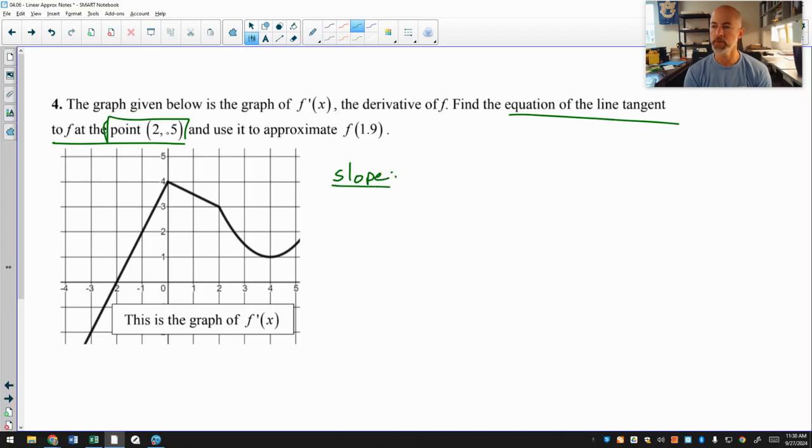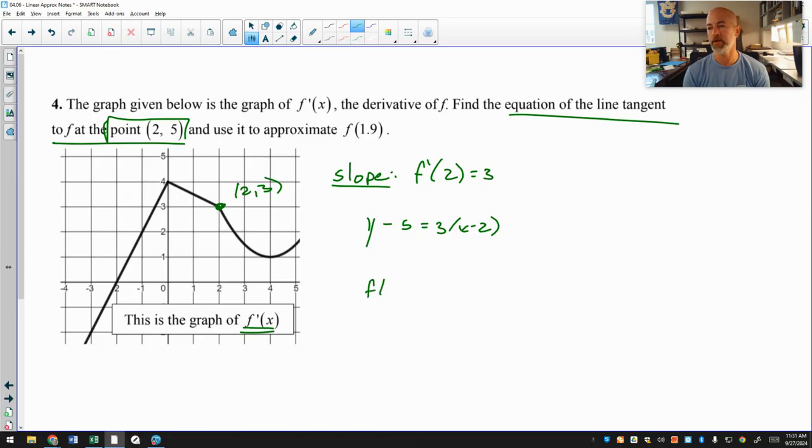The slope would be f prime of 2, and we're given the graph of f prime. Pay attention to that. At 2, f prime has a y-coordinate of 3. Now, you may be thinking the derivative does not exist. That's a very slight corner, but this is f prime, and there is clearly a point at 3. So my tangent line is y minus 5 equals 3 times x minus 2.